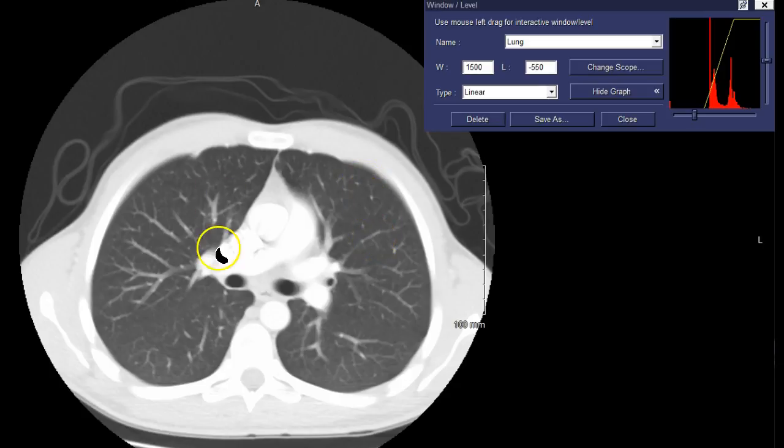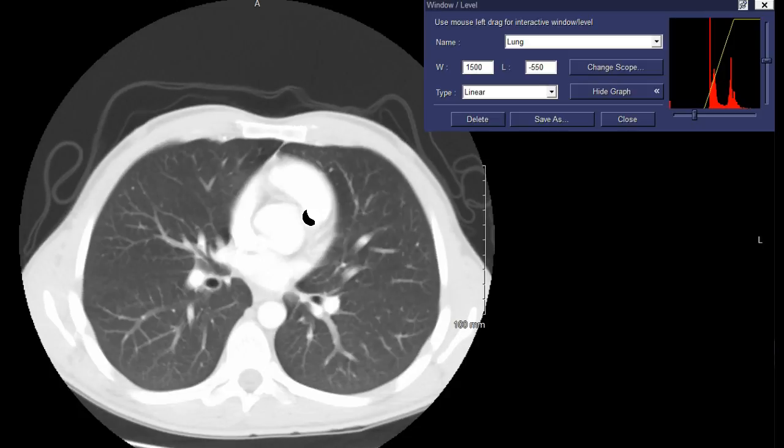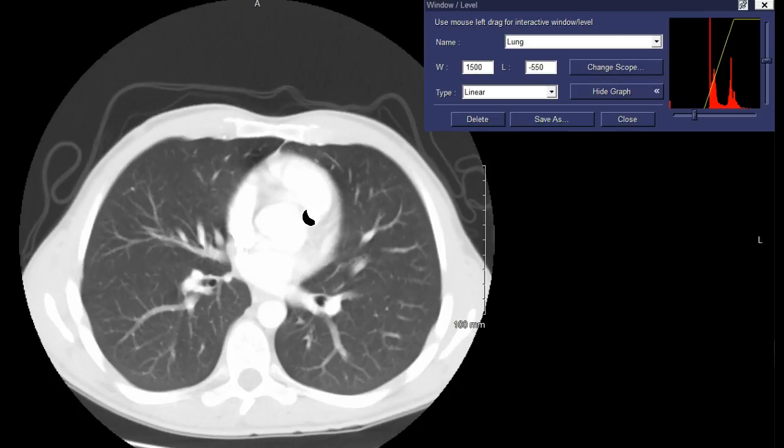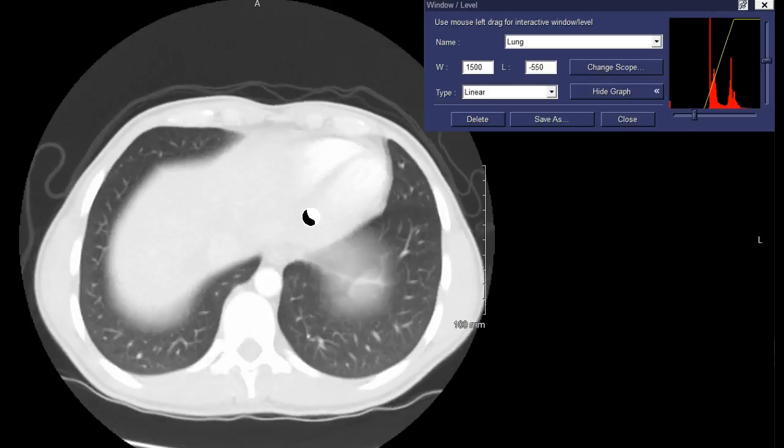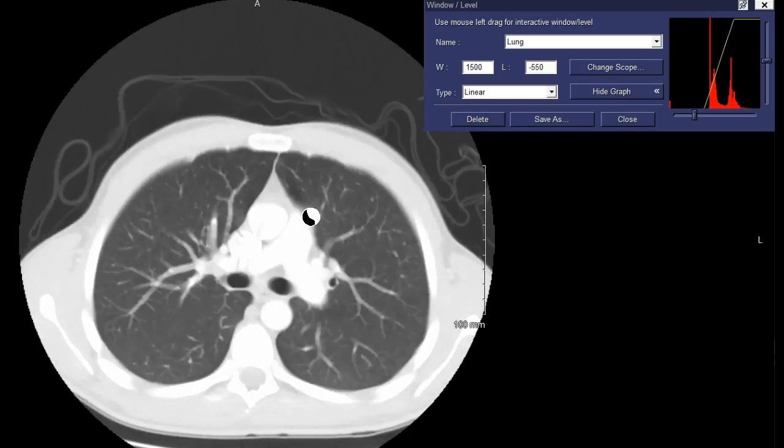Instantly you can see those branching structures feeding respective areas to oxygenate the blood and distribute it throughout the rest of the body. This is the inferior aspect, so this is inferior to superior.